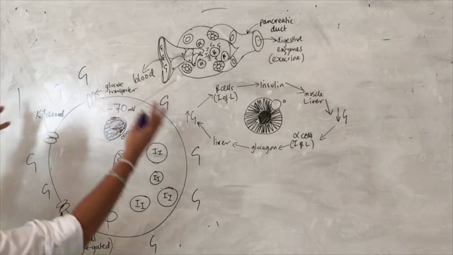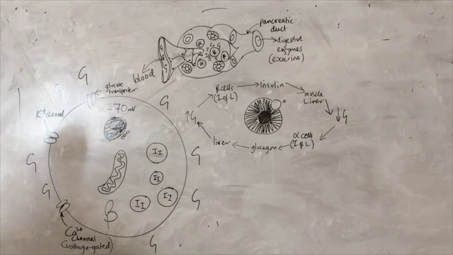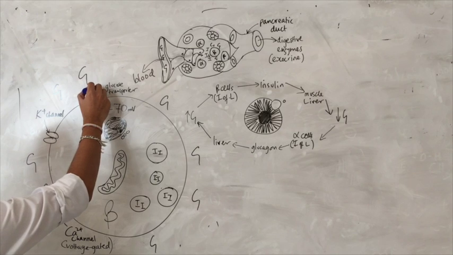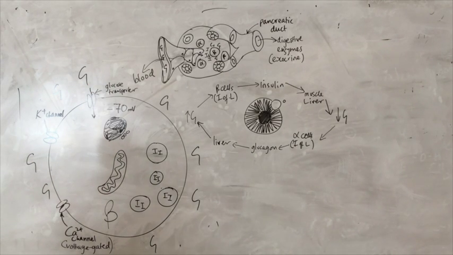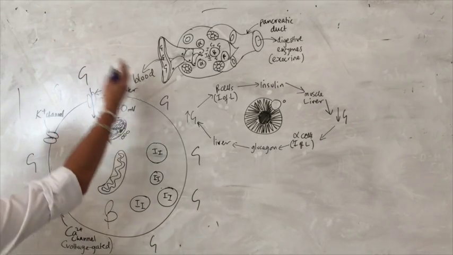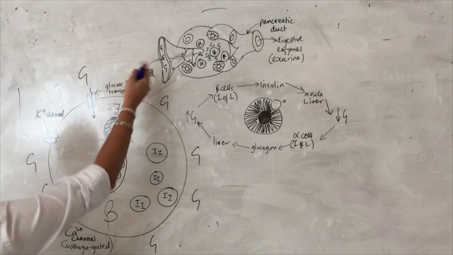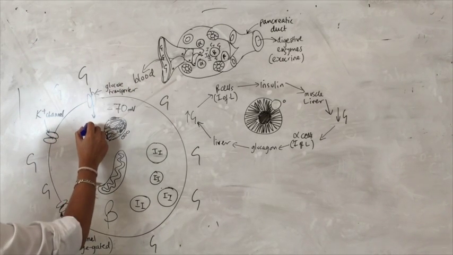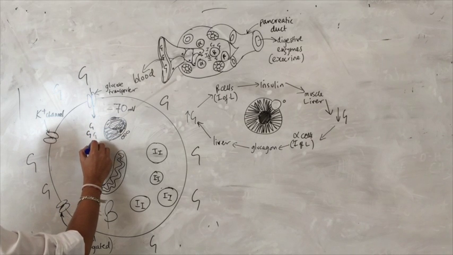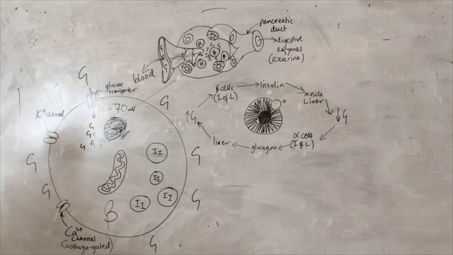So, high glucose outside the cell, glucose then diffuses in via the glucose transporter. So we've begun our sequence of events. Glucose diffuses in because there's loads of glucose outside thanks to our capillary, just had a meal. So now we have glucose within the cell.